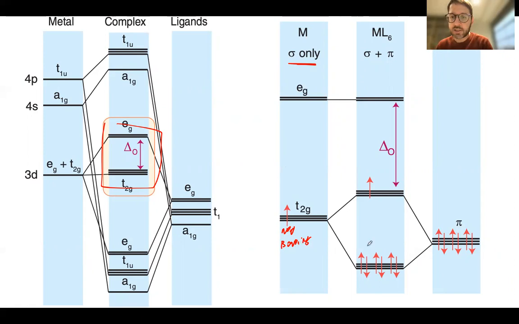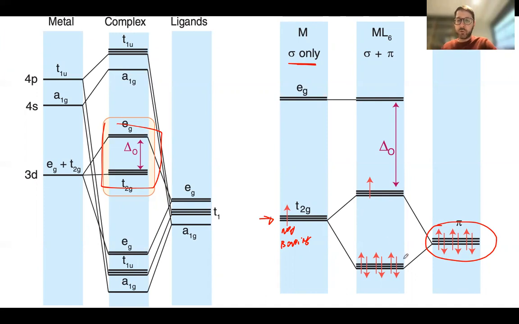For the pi donor ligand, we have 3 symmetry adapted linear combinations of orbitals here having pi symmetry. They are filled with electrons because it's a pi donor, so they lie below the non-bonding combination of the metal.